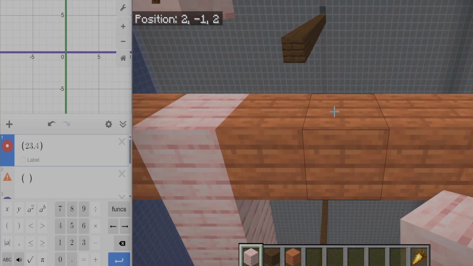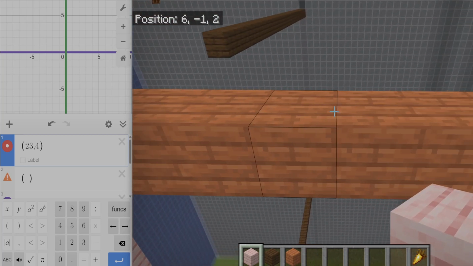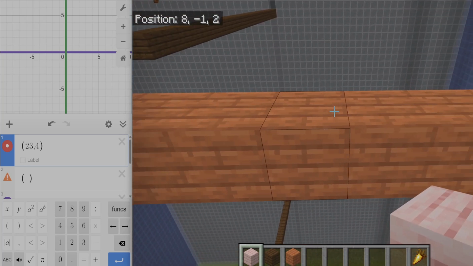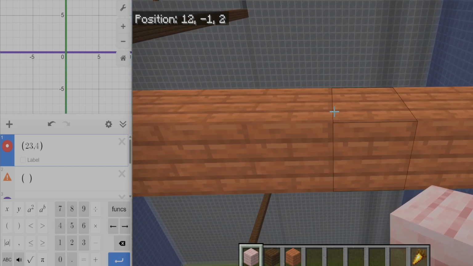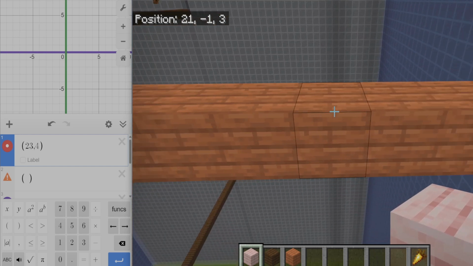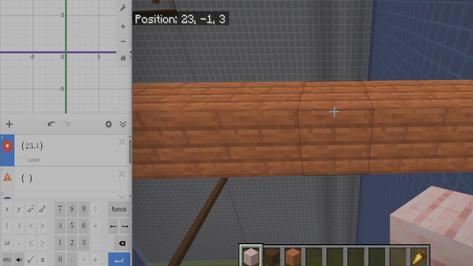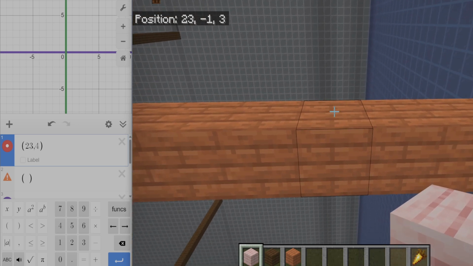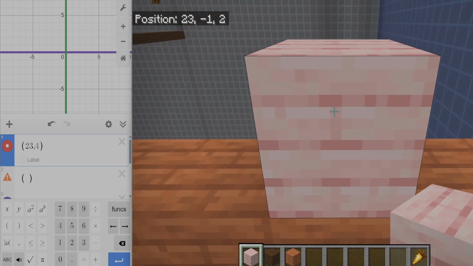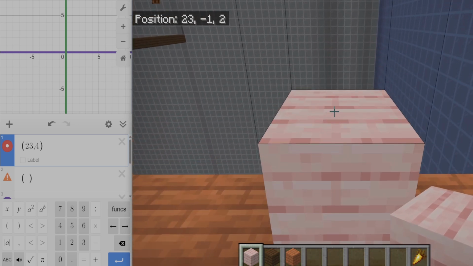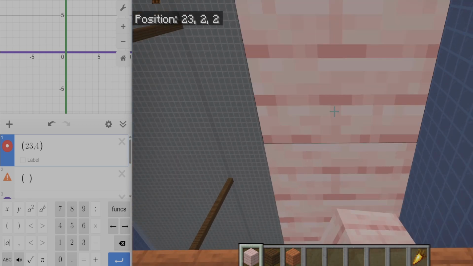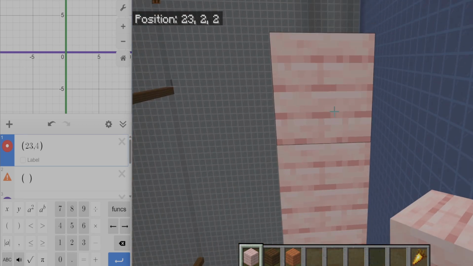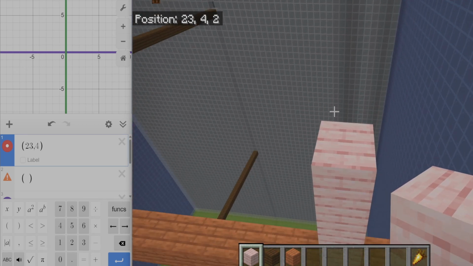Oh, right, my position shows it. So we can go 23. Okay, that's 23, and then we're up 4. That's 1, 2, 3, 4. Right here.